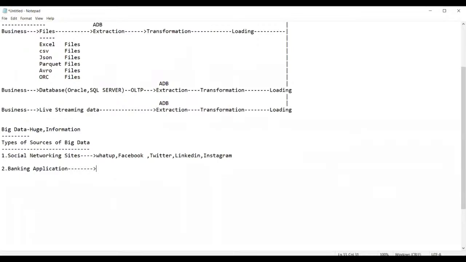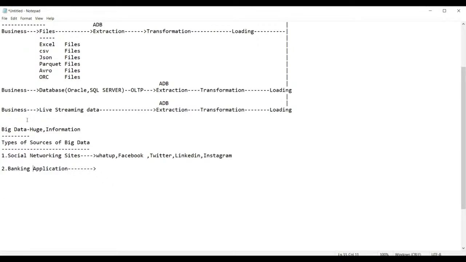Am I right? That means banking data is considered a massive, huge amount of data across the globe. So we can also get big data from banking applications.